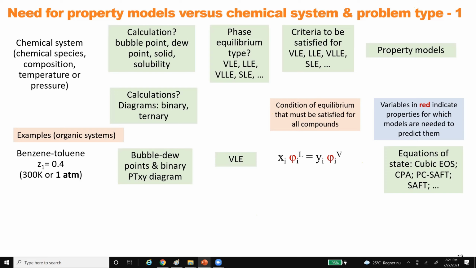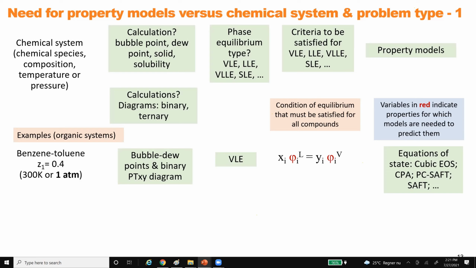We need to minimize the Gibbs energy, and from the Gibbs energy and the chemical potential, one can get this isofugacity criteria. So from this isofugacity criteria, we see that we need the fugacity coefficients in the liquid phase and vapor phase. These are the properties. And which models will give us those?